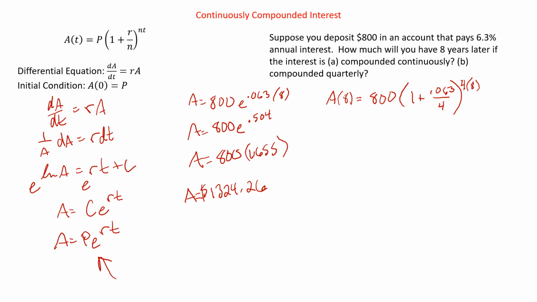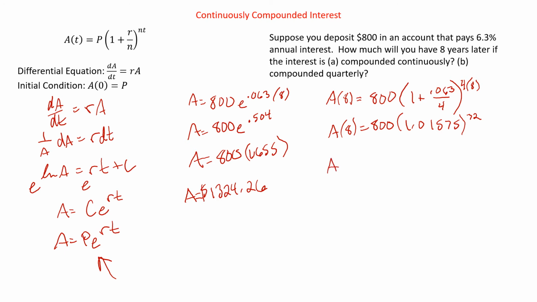So 0.063 divided by 4 is 0.01 something, plus 1 is going to be 1.01575, to the 4 times 8, which is 32. So we'll take that to the 32 times 800.